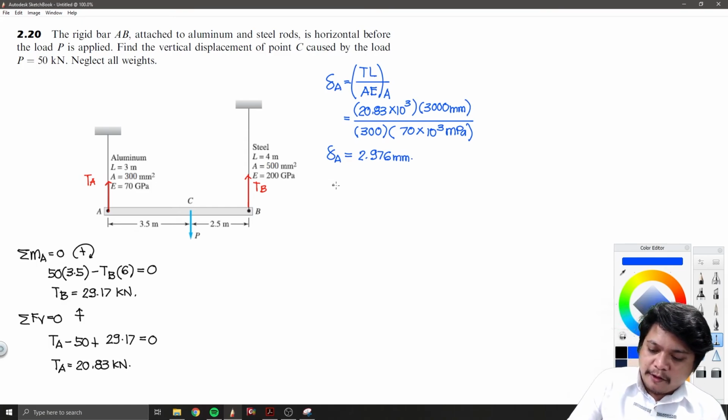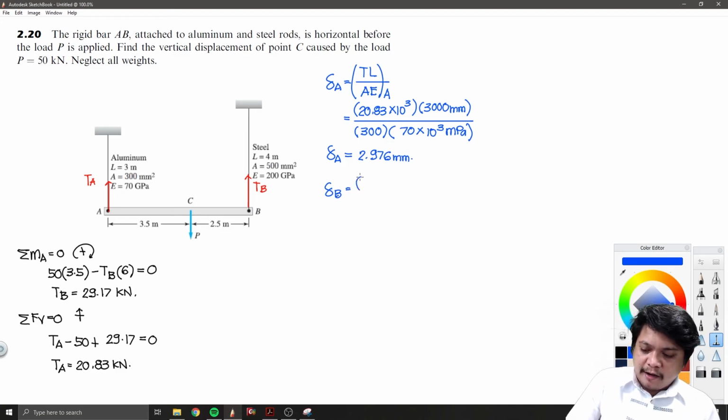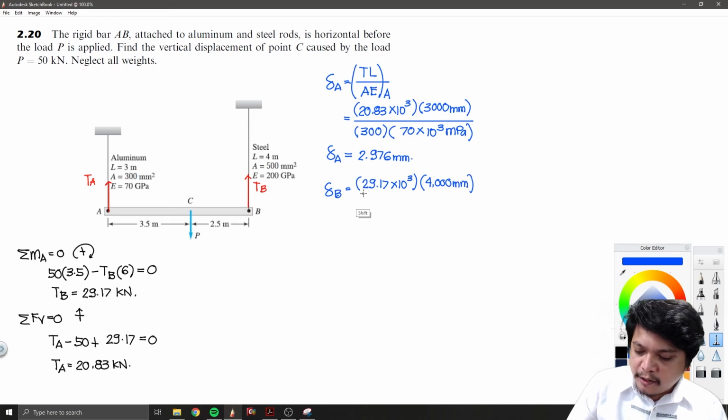Same thing, I will get the deformation at B. So, ang P naman niya, okay, that is 29.17 times 10 to the 3. Ang L niya is 4 meters or 4,000 millimeters. Okay? All over, ang A natin is 500 mm squared. And then E is around 200 times 10 to the 3 para maging megapascal.